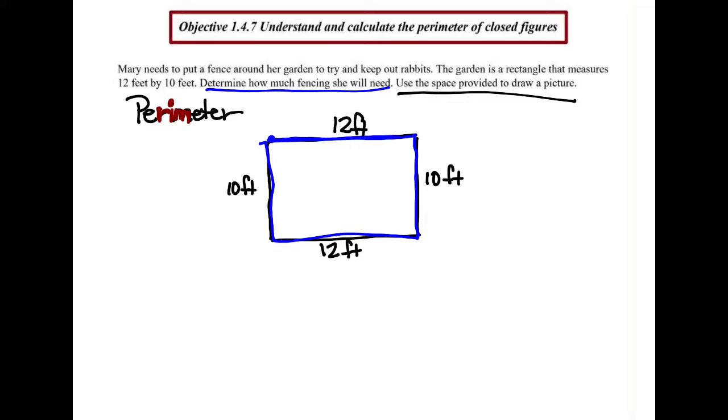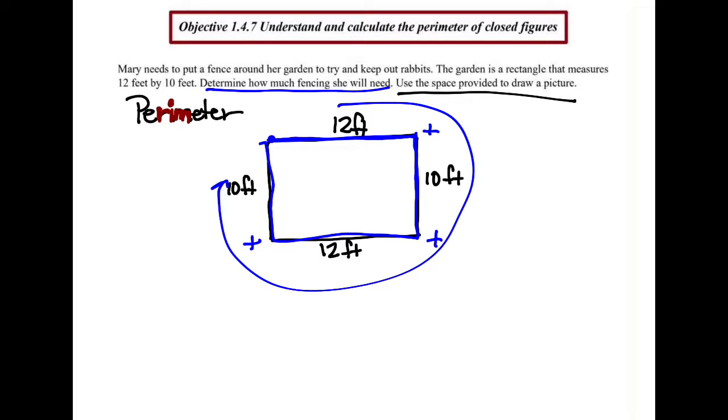Because we're going to go these 12, and then we're going to add the 10, and then we're going to add the 12, and then we're going to add the 10 and be done. So we're going to go around this way. Okay, so that's my plan, is to just add them all up. And they're all close to 10, right? So 10 plus 10 plus 10 plus 10. We're going to have something close to 40 feet.